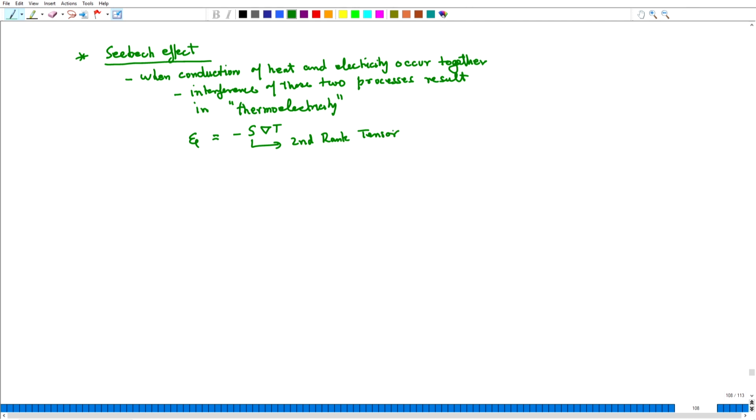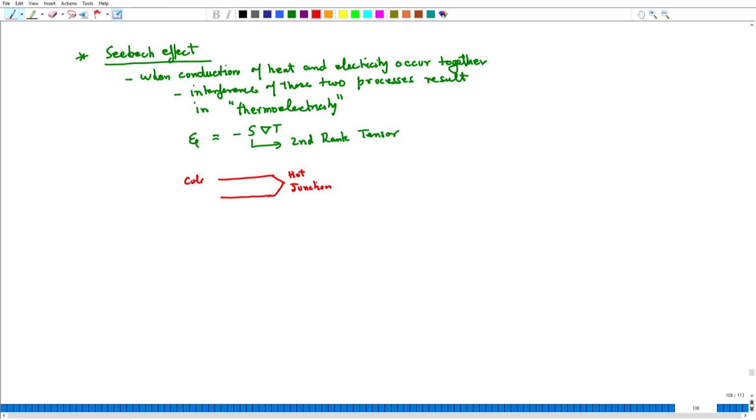It is a difference in the temperature that produces this electric field, and this happens when you have two dissimilar materials. See, if I have two dissimilar materials which are connected at one end, this is called the hot junction.